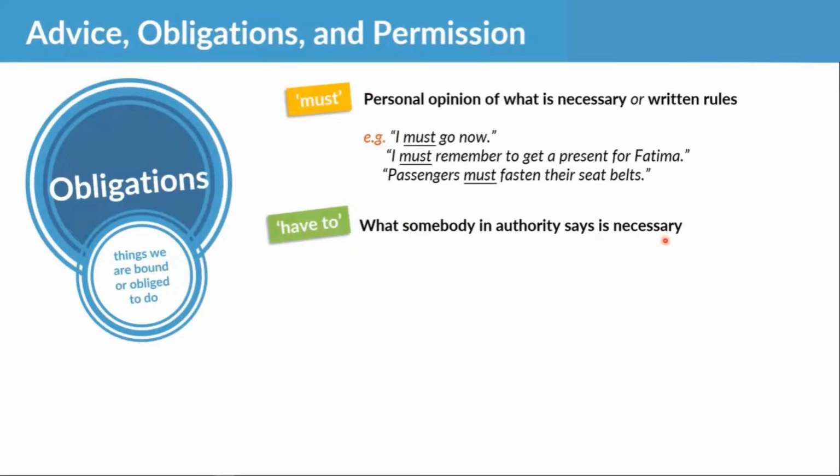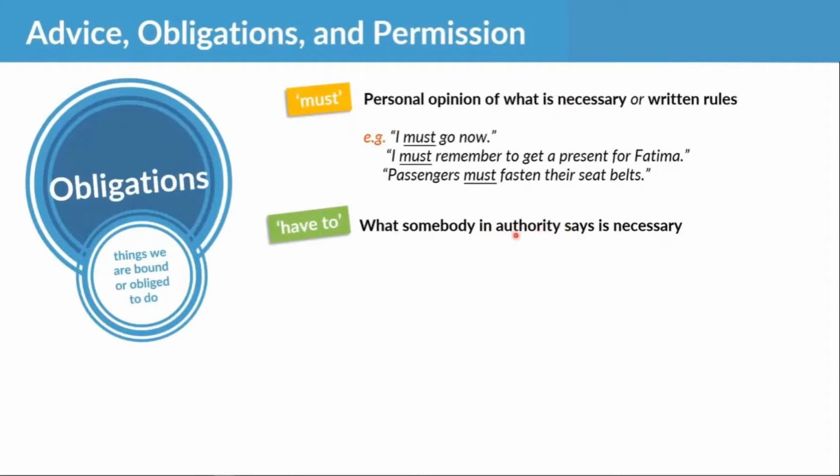So people often use them interchangeably. Must is used a lot more in written English. But the real difference is must is for a personal opinion of what is necessary, and have to is for an external obligation or what somebody in authority says.